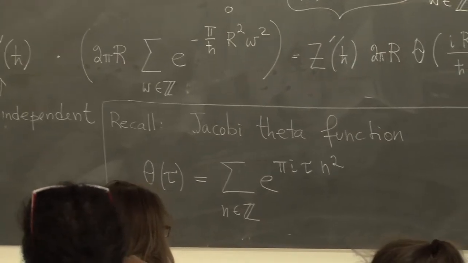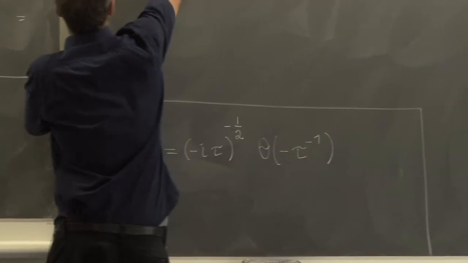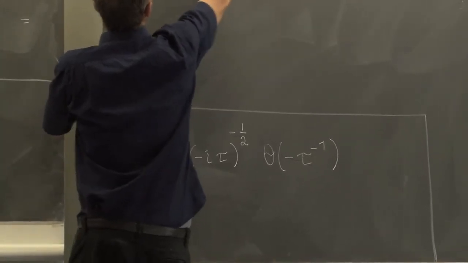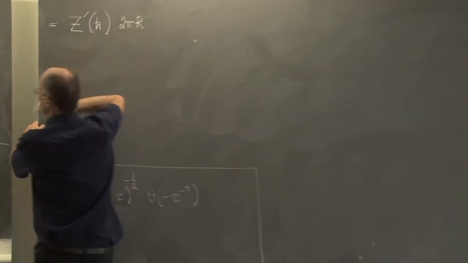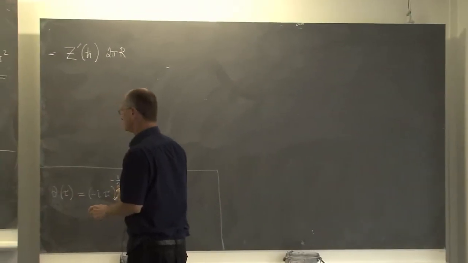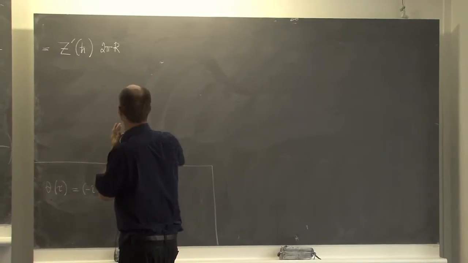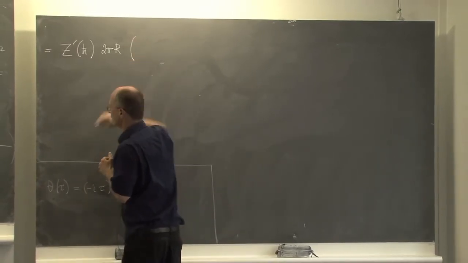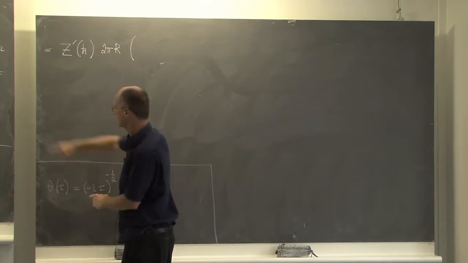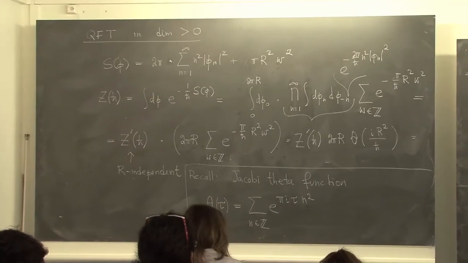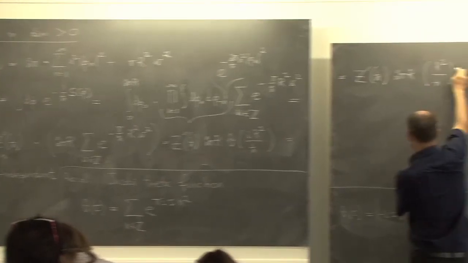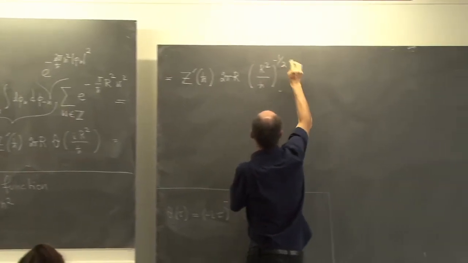Okay, there we go. Now let's try to use this transformation here. So this is z prime of h times 2 pi r. And here we should write minus i times i tau, which would give r squared over h to the power minus 1/2.